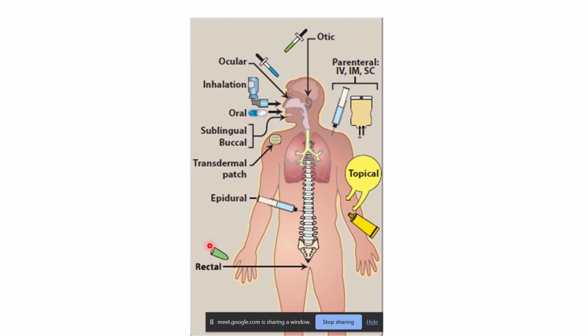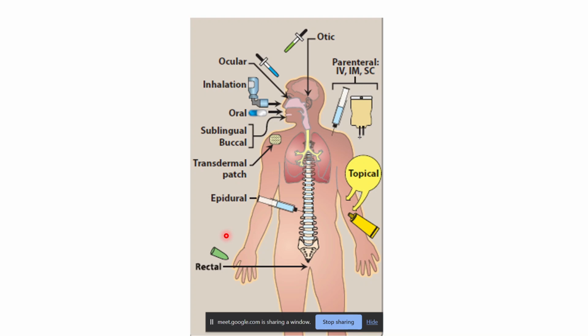The last but not the least is the rectal way of administration. Rectal is used uncommonly because it's not very pleasant, but may be effective because absorption will bypass the liver enzymes, and that is why some drugs that are heavily metabolized by the liver can benefit from that.